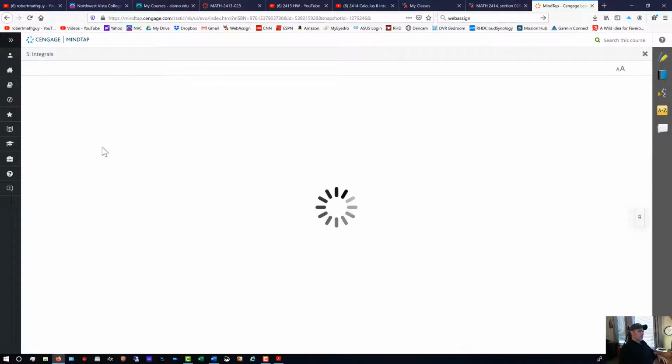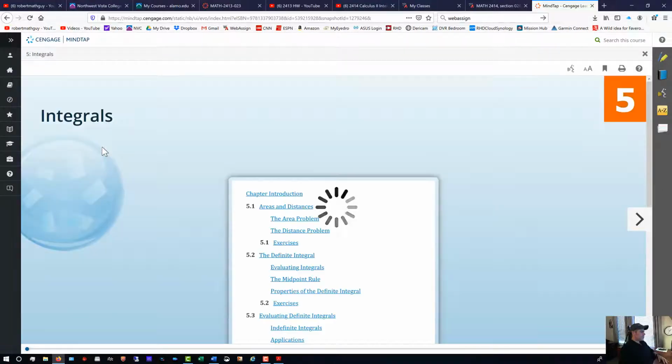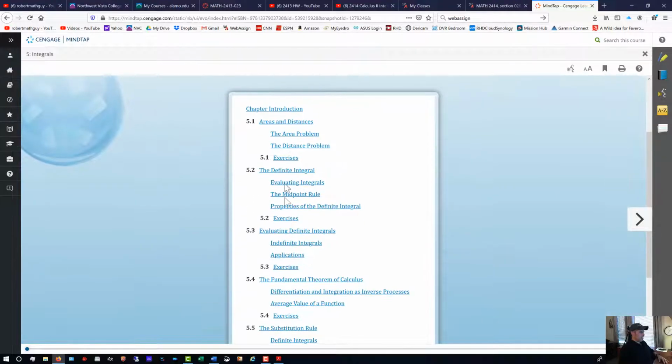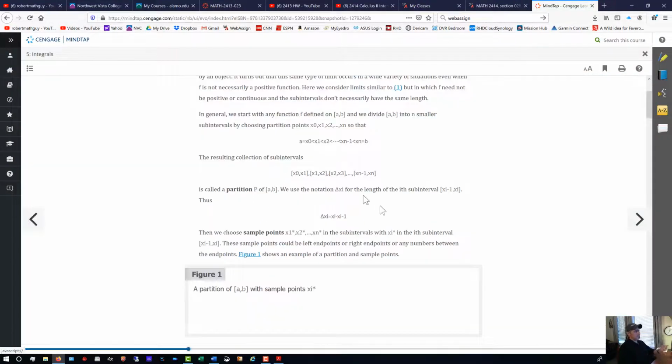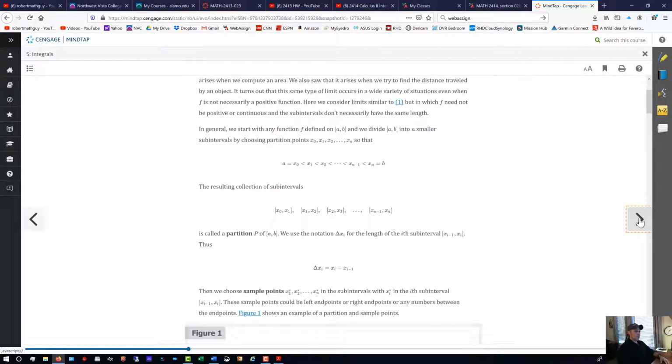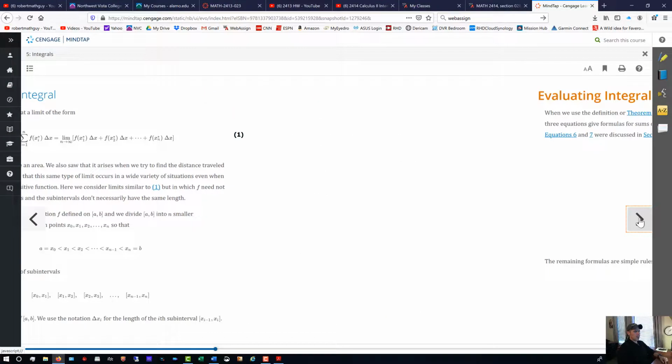And then here are the different sections. So let's say we're doing 5.2. So here's essentially the textbook in an electronic form. Let me see if I can get to the last page of this. You can't actually print things off here.